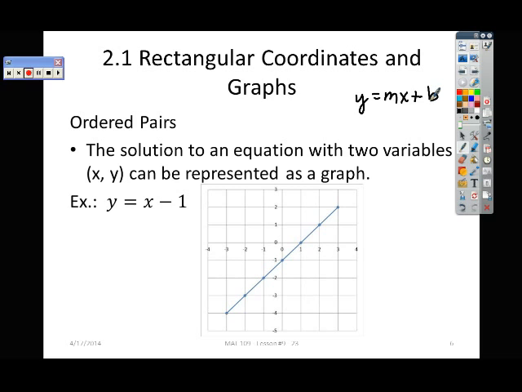An equation like that, you should be able to look at that equation and tell me what the slope is and what the y-intercept is. What's the y-intercept? It's the -1. As long as it's in y equals mx plus b form, the constant there is the y-intercept. The number multiplying x is the slope.